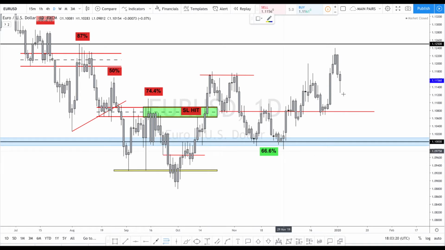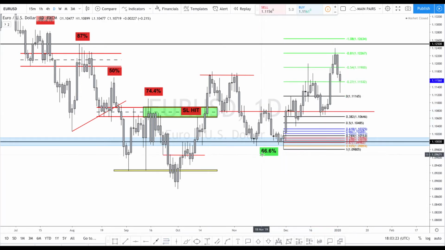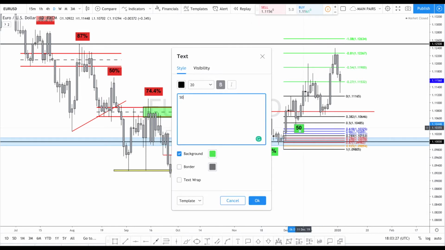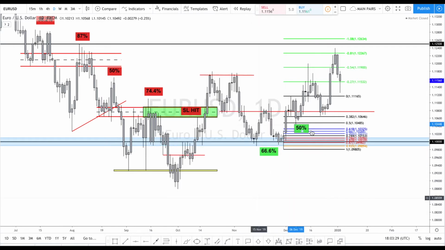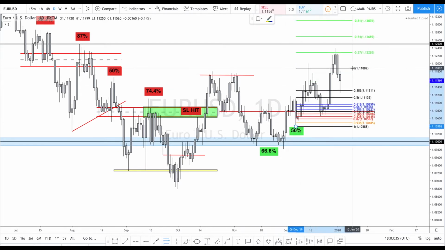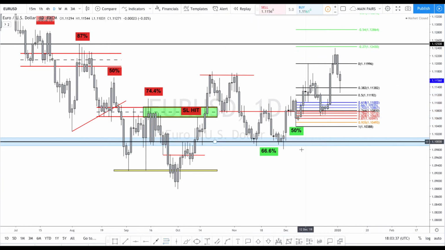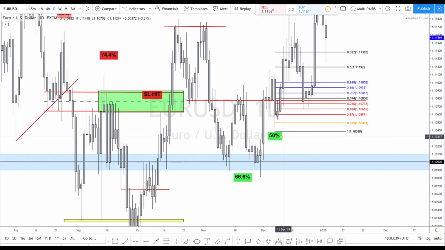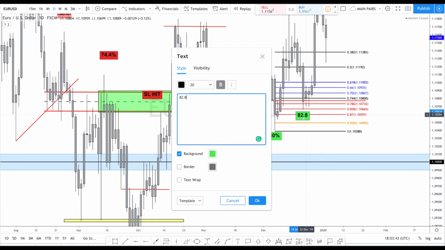When we apply our fib A, B, C, what do we see now? Market's trending very similar to Aussie dollar, what we saw on Aussie dollar, 50%. Then we apply our low again, A up to our B. So then here we saw 82.8% pullback.